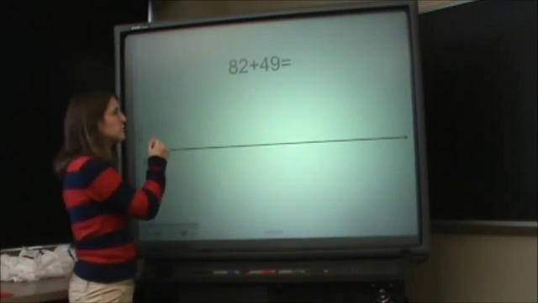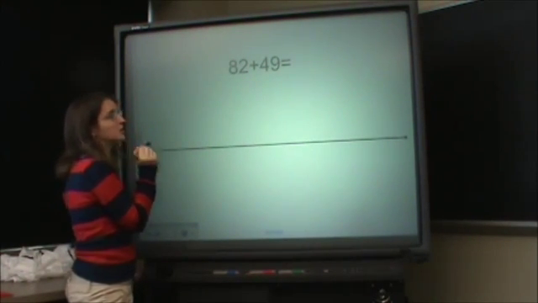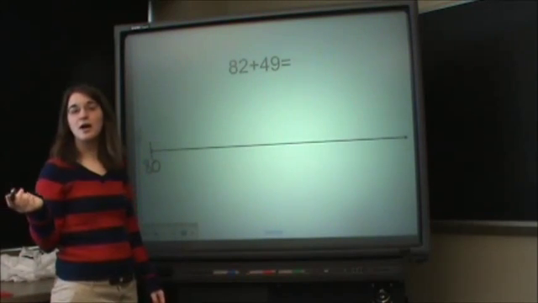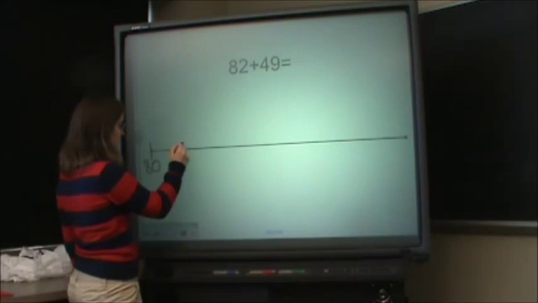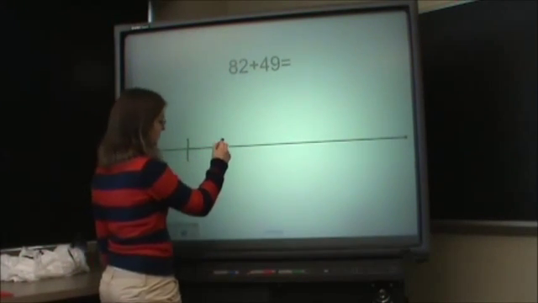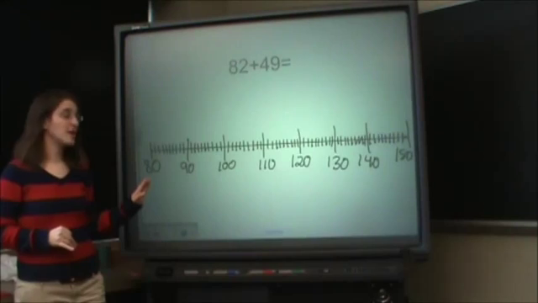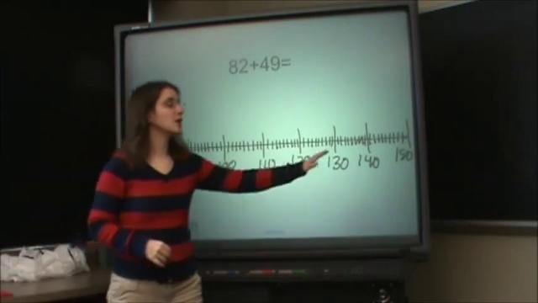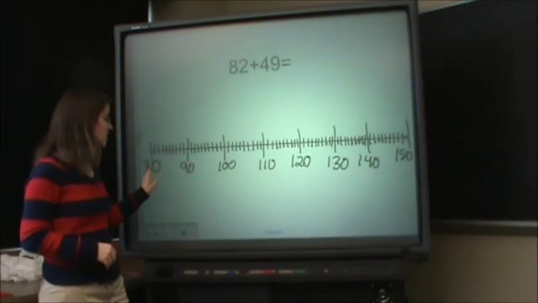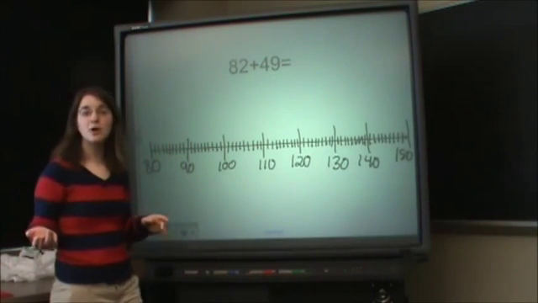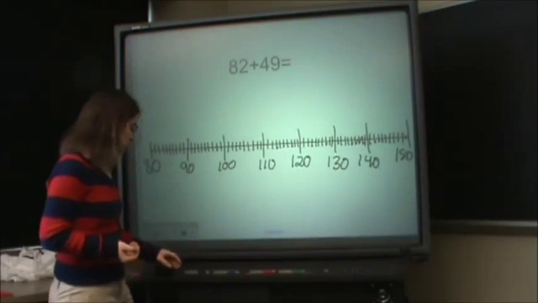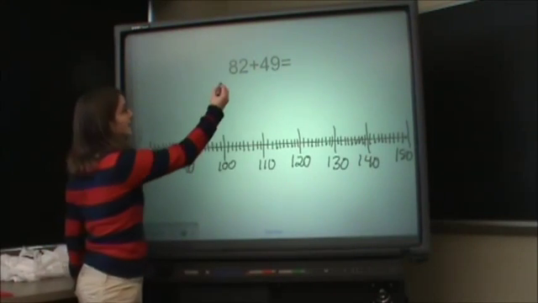And I think I'll go up to 150 because I know with my estimation that it's not going to go over that. So 90, 100. So here's my number line from 80 to 150. I only labeled the numbers at the tens, but there are hash marks in between to show me where all the ones places are. So let's start at 82.